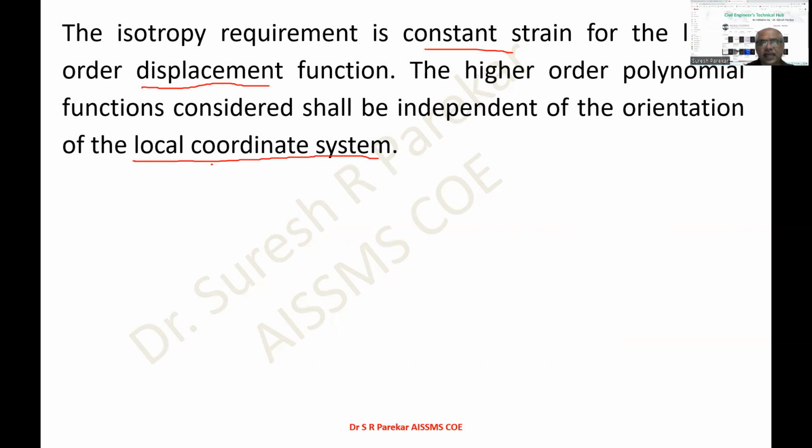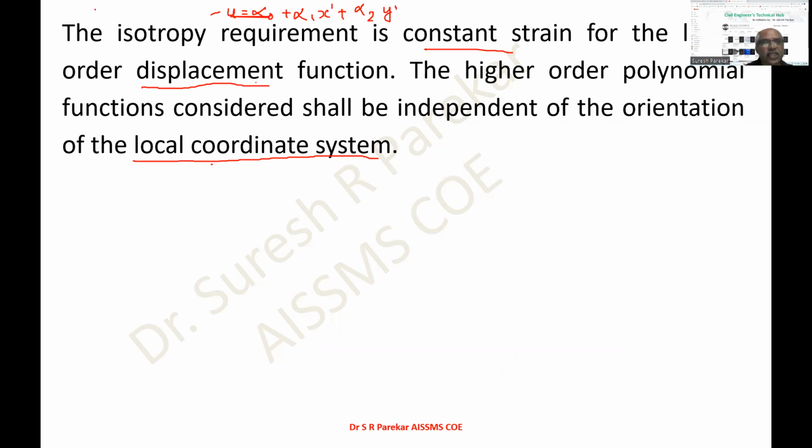Now here we are saying constant strain and linear order, because if you will see, then you have u is equal to alpha naught plus alpha 1 x plus alpha 2 y. This is your linear displacement, because x to the power 1, y to the power 1.